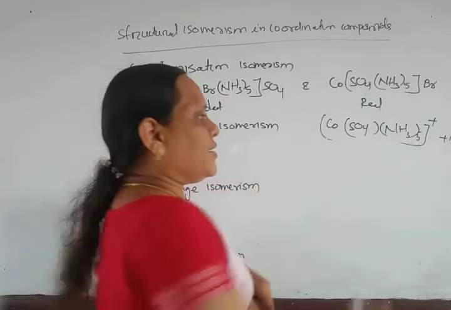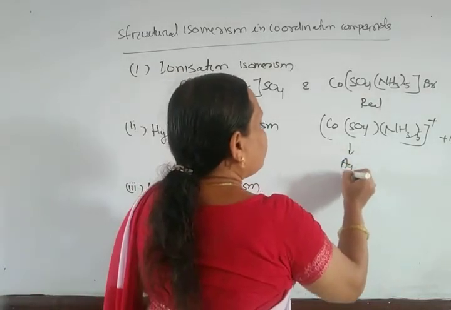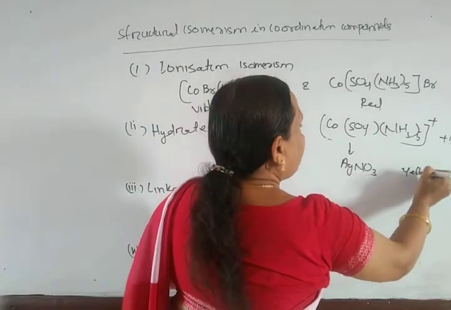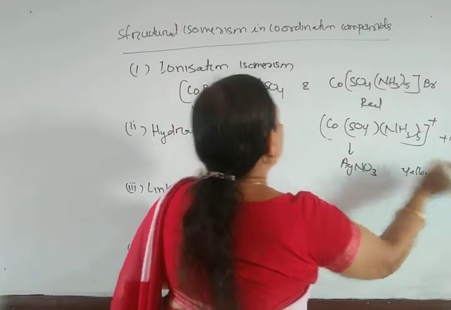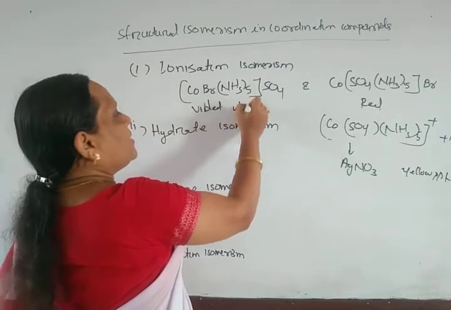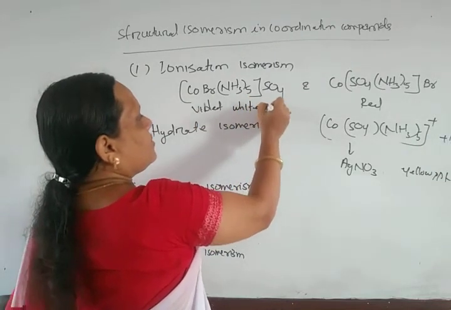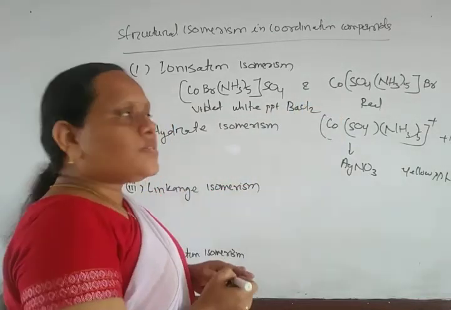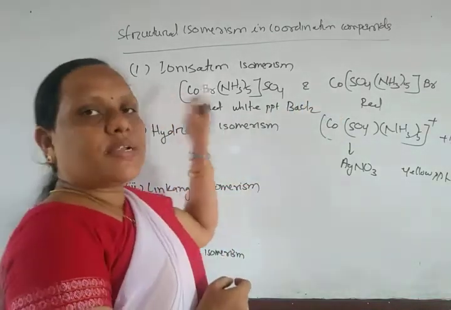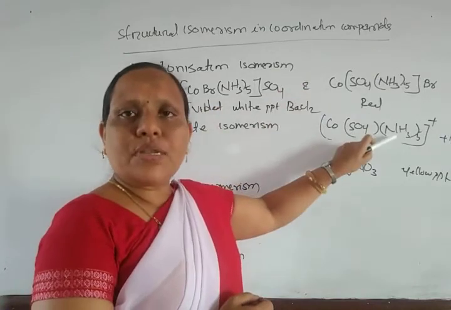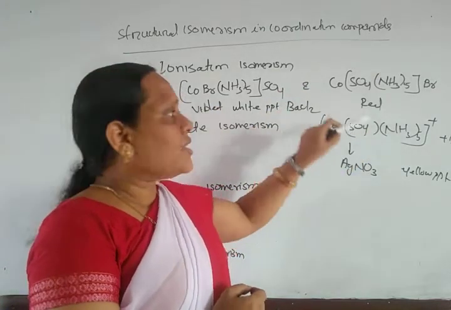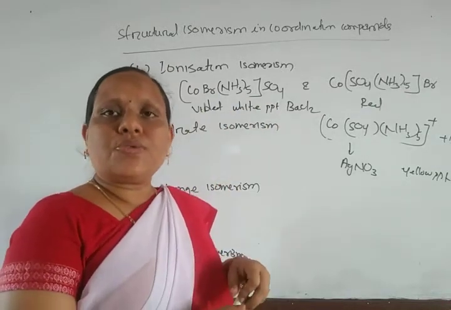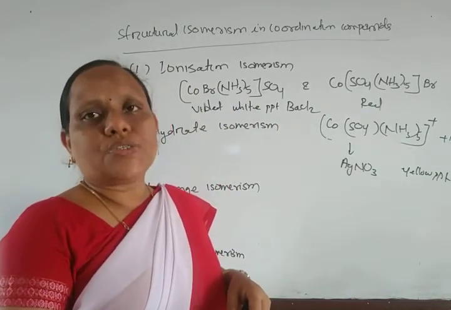With silver nitrate solution, one gives a yellow precipitate. So in this way, these two give different ions, although they have the same molecular formula. This is known as ionization isomers, and this phenomenon is known as ionization isomerism.